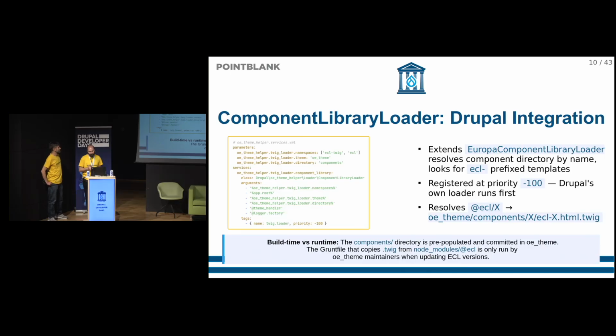And the templates get into the theme with a Grunt file that copies all these files from the node modules into a component directory that lives in the theme, and they are prefixed with ecl. This happens at build time, so it's done once and ships ready.